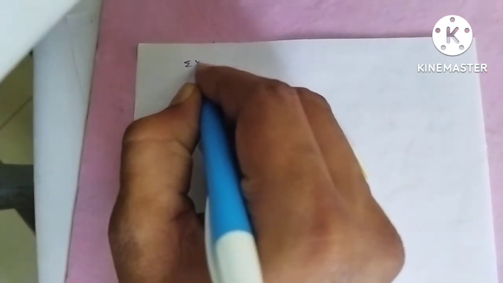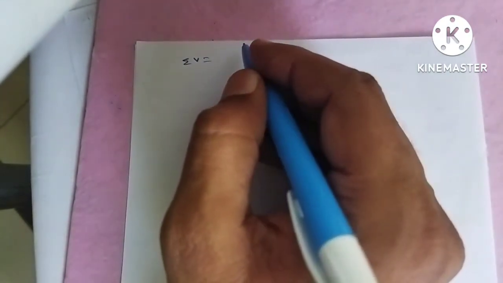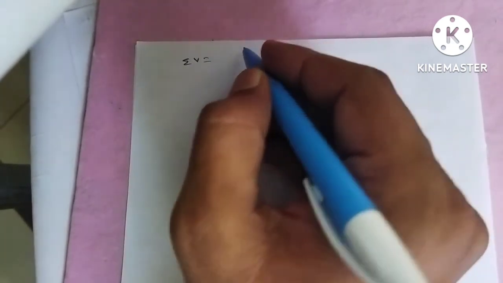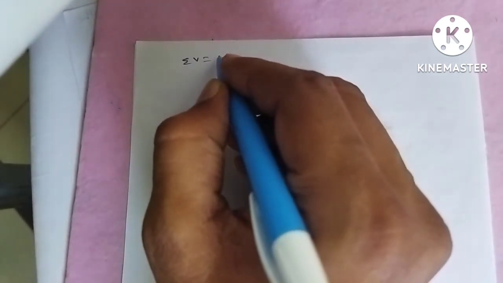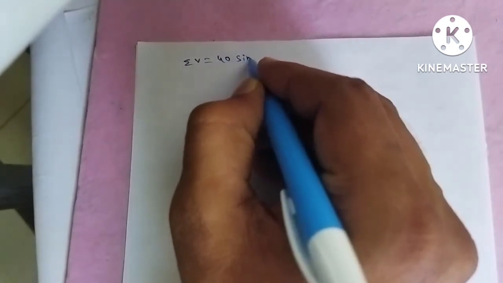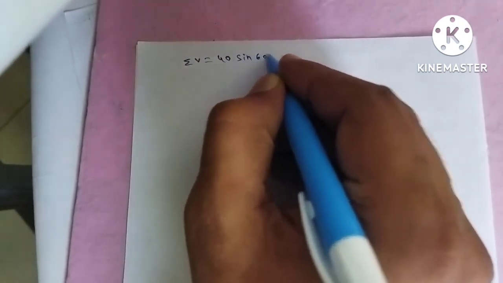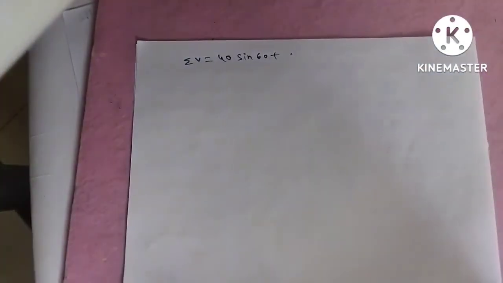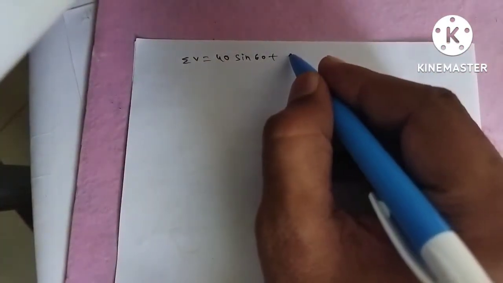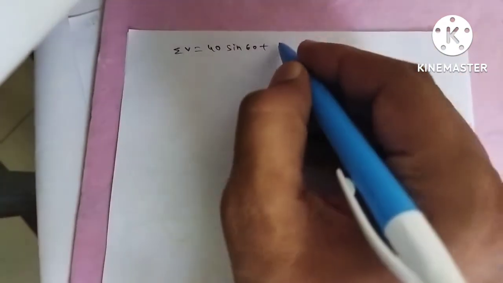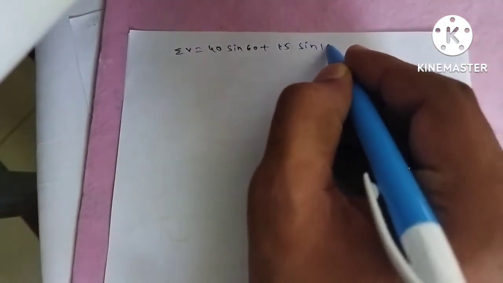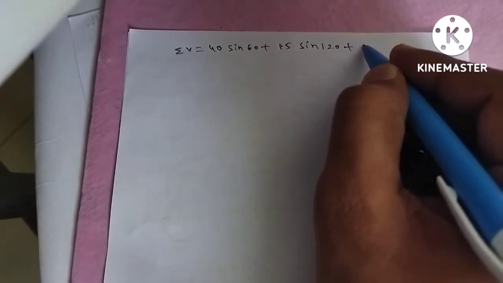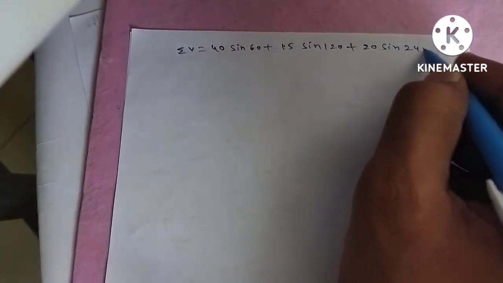Sigma V is equal to 40 into sin 60 plus 15 into sin 120 plus 20 into sin 240.